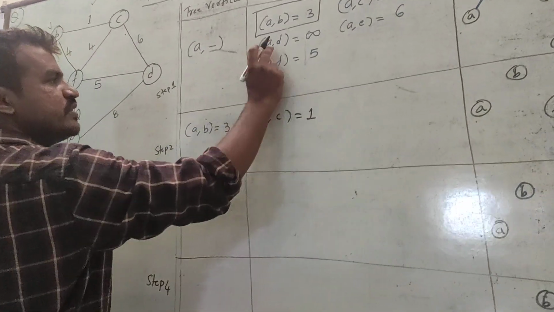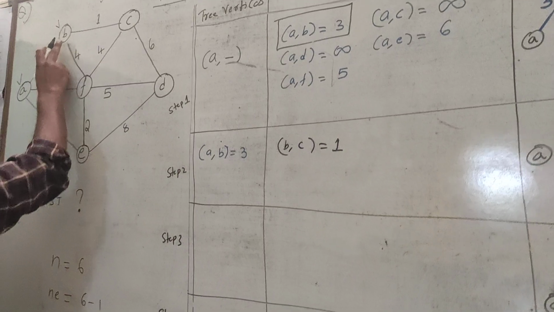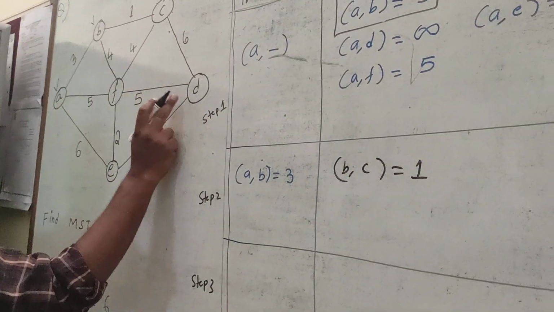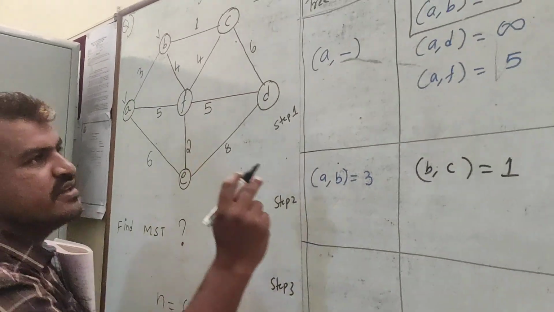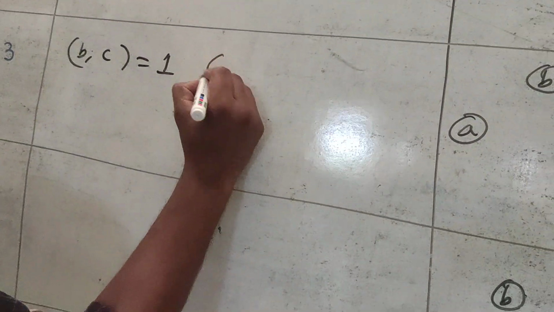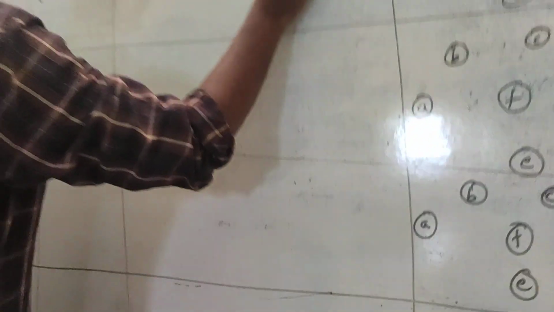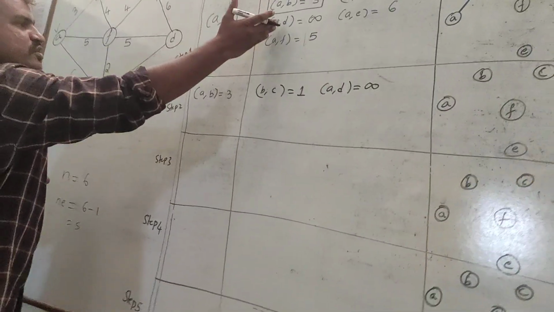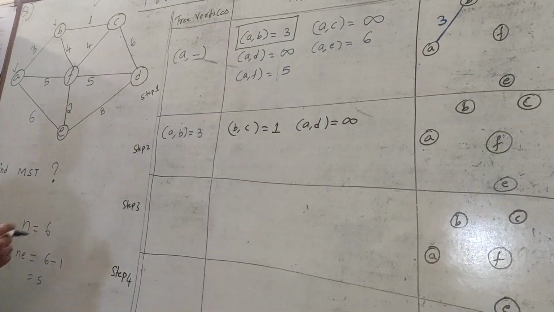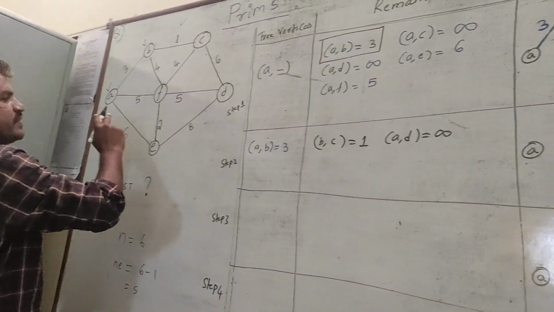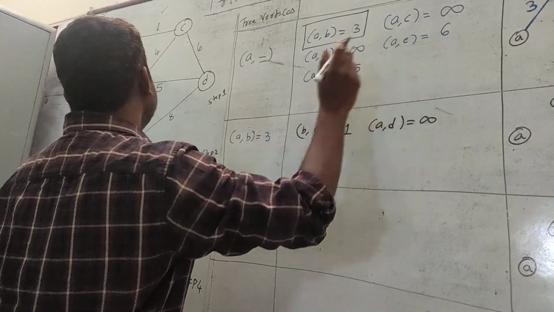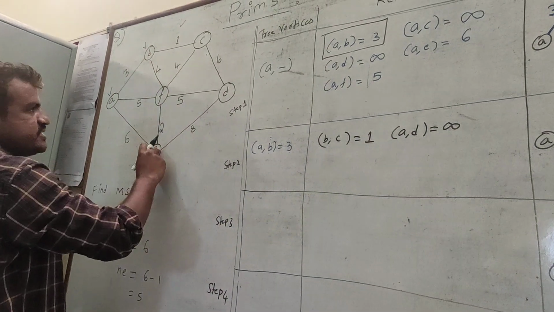Next, B to D. Is there a straight edge from B to D? There is no straight edge, so that is also infinity. A to D is also infinity. Both have the same value. When the value is the same, you write the above value only. No need to change. Next, B to E. There is no straight edge, so infinity.